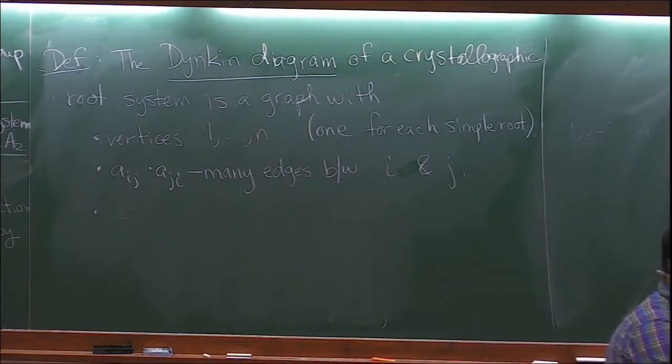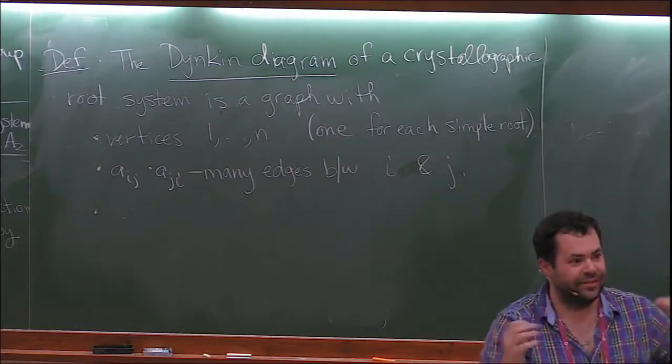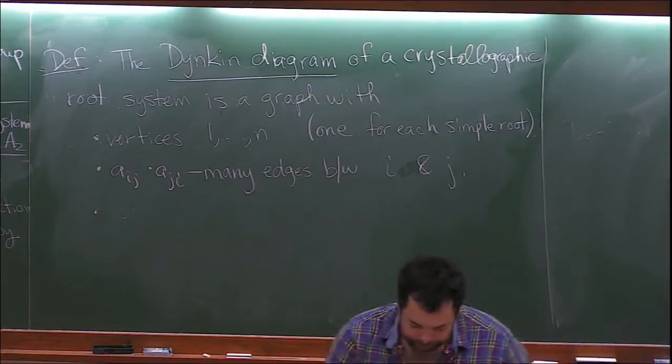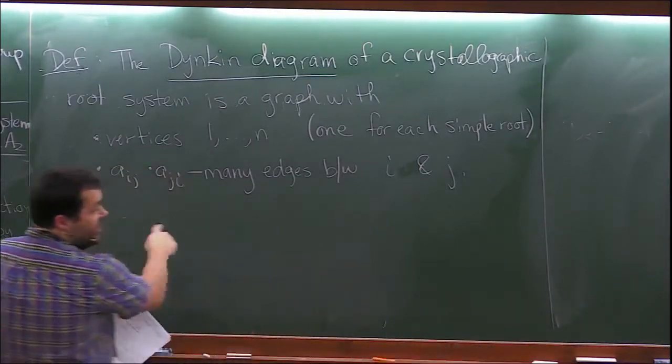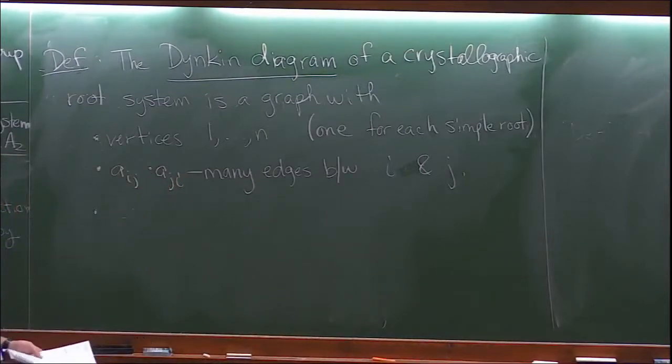The Weyl group, this reflection group, takes any simple system to any other simple system. It acts simply transitively on these simple systems. The last condition I'm going to write tells you about these arrows.